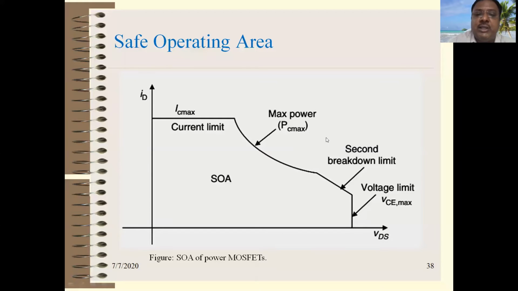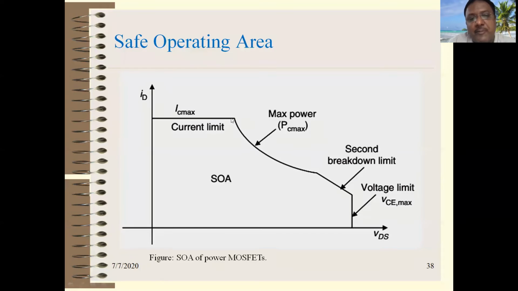Like in a BJT there is thermal breakdown; in a MOSFET there is no thermal breakdown, but there will be a secondary breakdown in a power MOSFET, right? So we have to operate this device within the limits given by the manufacturer in their data sheet, right? So this ID max is the maximum current limit where you can use your device. If you exceed the current ID, then your device may get damaged, right?